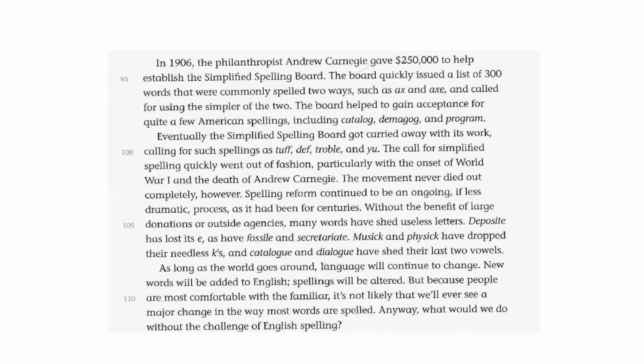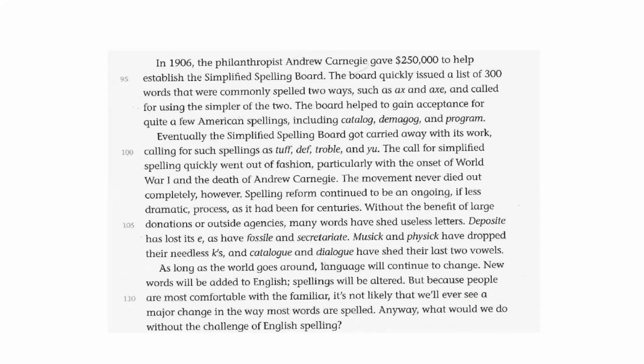As long as the world goes around, which means keeps on spinning, language will continue to change. New words will be added to English, and spellings will be altered. Pizza was another one, okay?